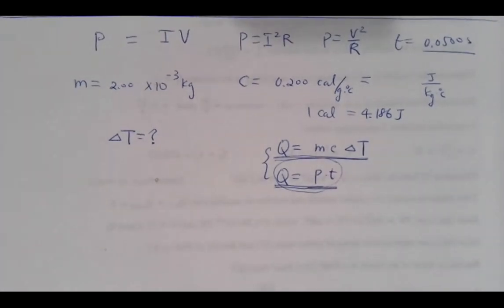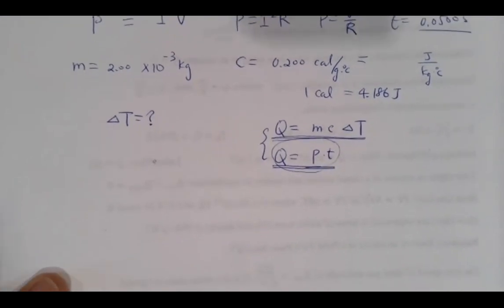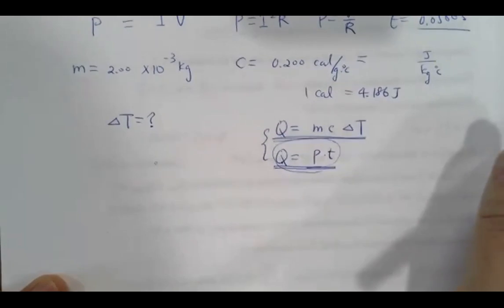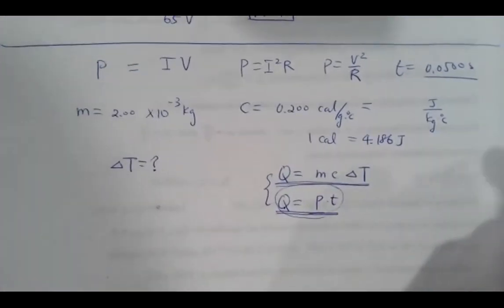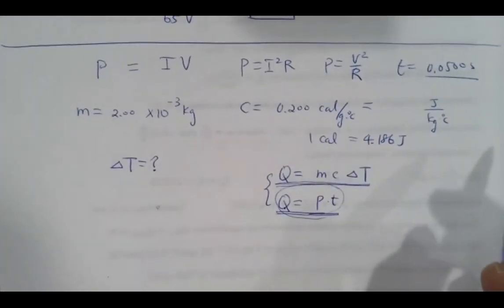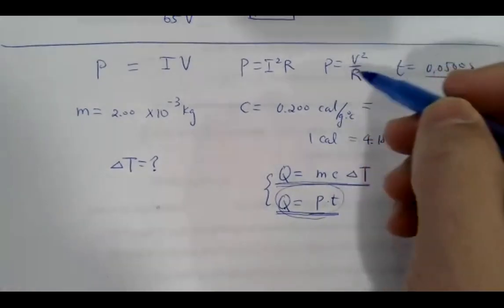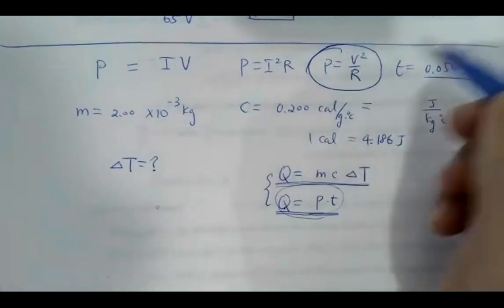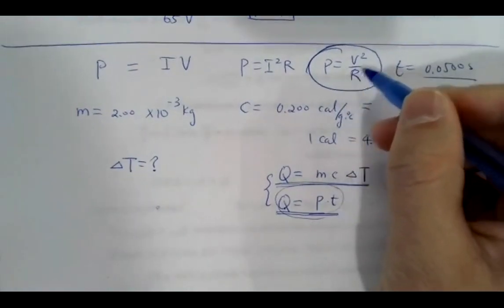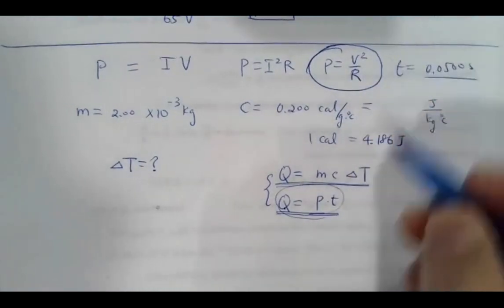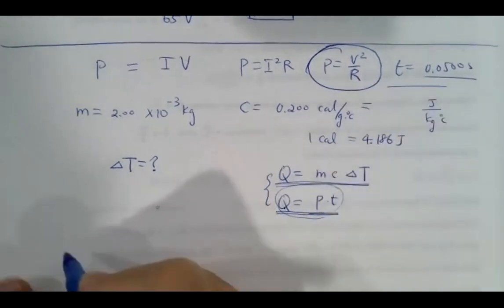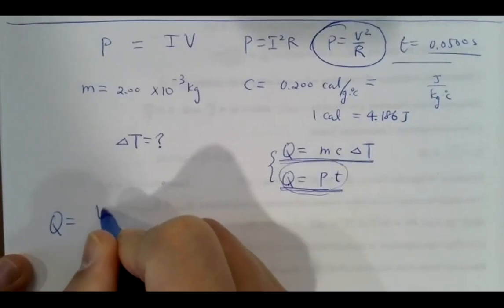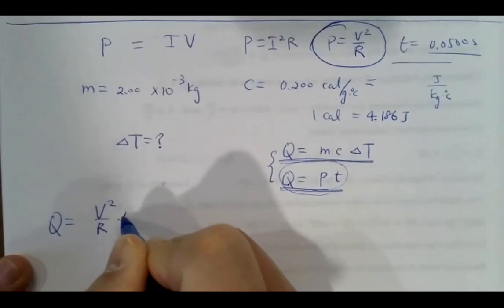All right, let's take a look here. I think we can start by calculating power first. You are given voltage and you are given resistance, so you might figure out that this is the equation you want to use for power: V squared over R. Then times t will give you Q. So Q equals P, which is V squared over R, times t.